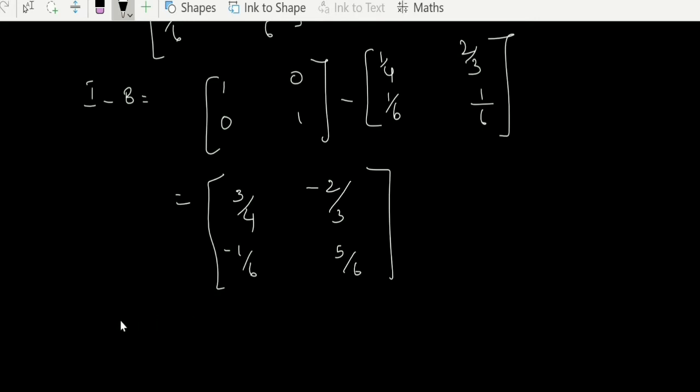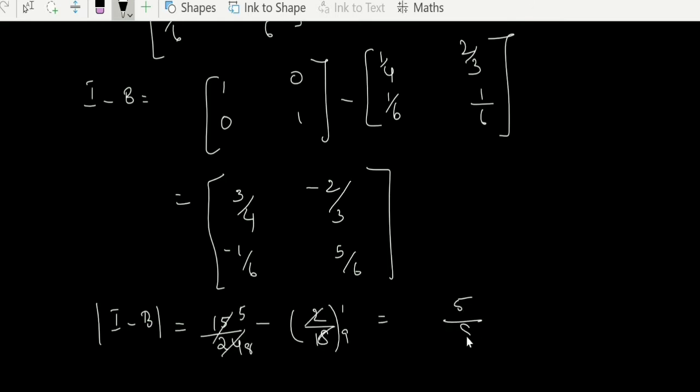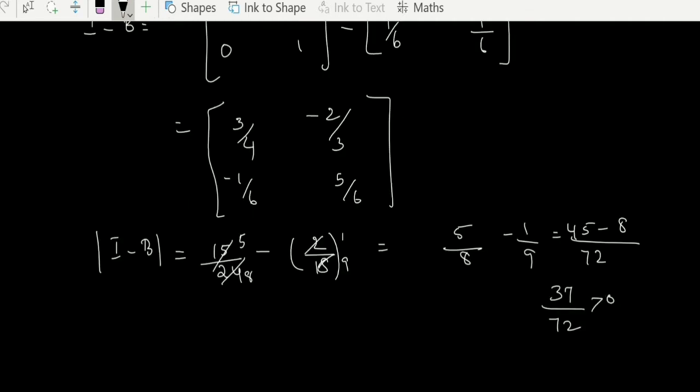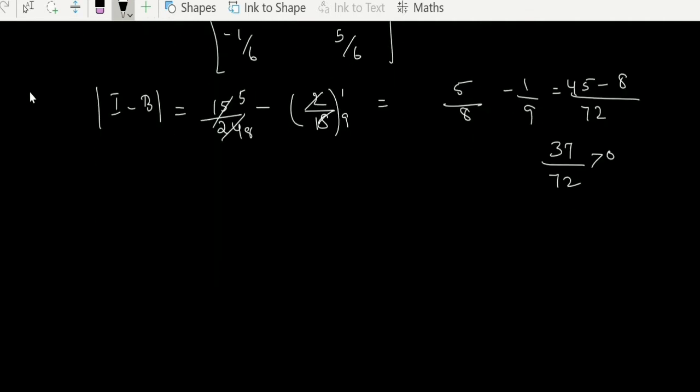Let us find I minus B determinant also, then we'll write both together. What is determinant of I minus B? Multiply this 3 into 5, 15 by 24 minus 2 by 18. So 5 by 8 minus 1 by 9. So 45 minus 8 by 72. So 37 by 72. So now you write both the conditions. What are the two conditions?